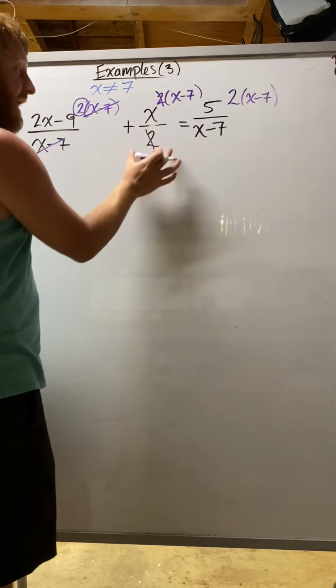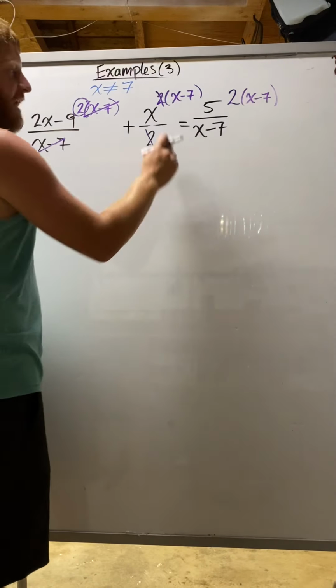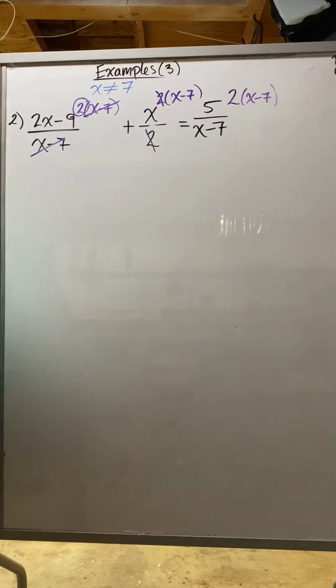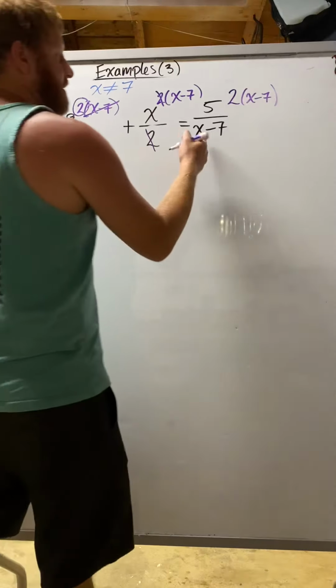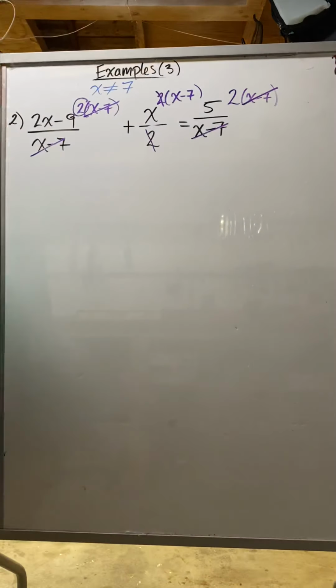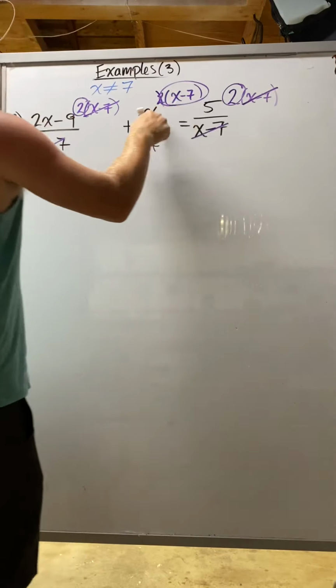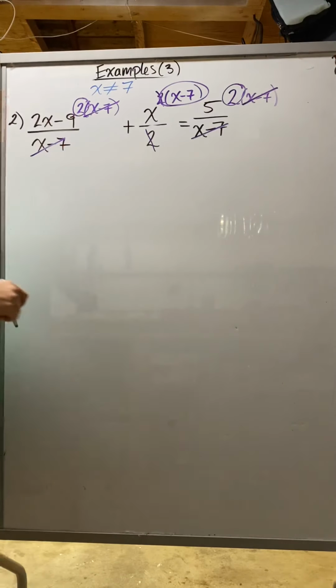There is not an x minus 7 down here, so I don't get to cancel that out. And I'll actually have to times both of these together. Okay? Third fraction. Here's another x minus 7, top and bottom. Those will cancel out. And we'll see that we have a 2 here, an x minus 7 to times by here, and a 2 here.